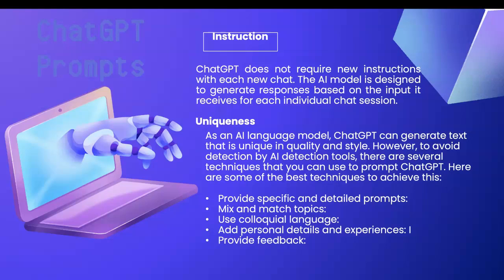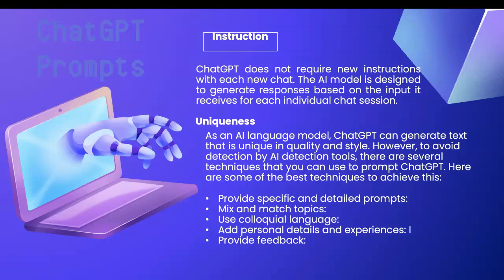Looking at uniqueness, ChatGPT is capable of generating text that is unique in quality and style, but it is very important, if you happen to be working in ChatGPT, there are AI detection tools.